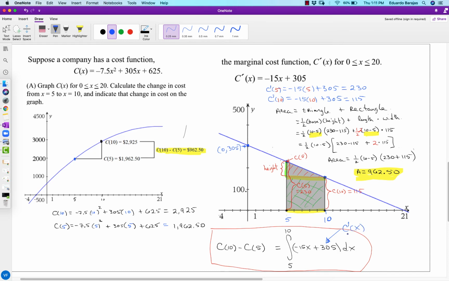So integrating c prime of x from 5 to 10 gives you the exact same answer as evaluating the cost function c at 10 minus evaluating this cost function, capital C, at 5.